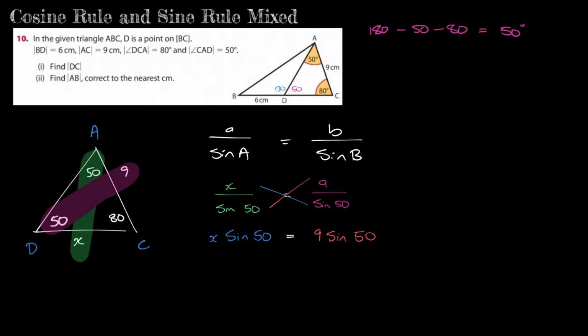To find out what x is, I'm going to divide both sides by sine 50. So x will be equal to 9 sine 50 divided by sine 50. If we divide both sides by sine 50, the sine 50s cancel, and I'll be left with x equals 9.